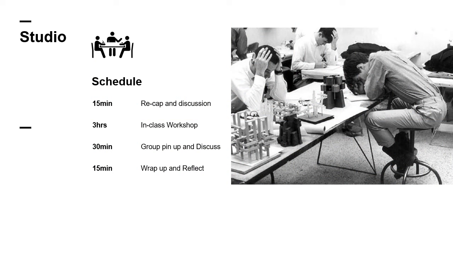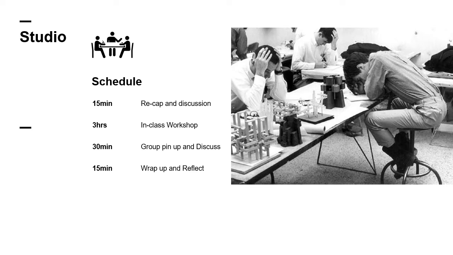A typical Studio class will work as follows. We will start the class with a recap of what we've been doing in the week that's passed and what we will be doing in the current class. We'll then spend the next few hours working through an in-class exercise, and these will focus on drawing or model making tasks that are linked to your assessments.